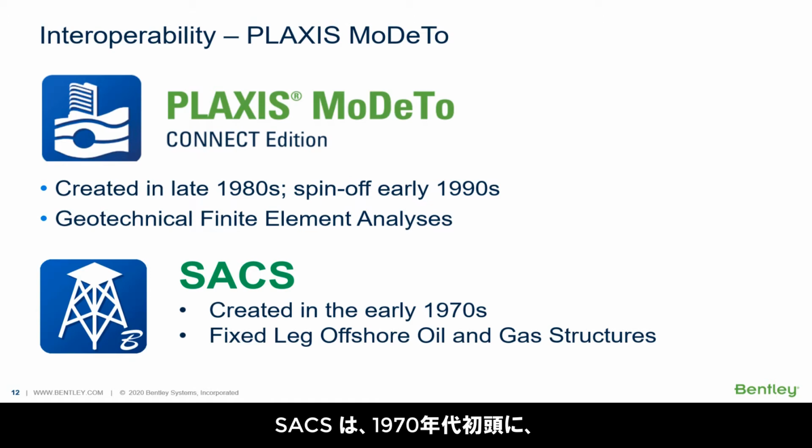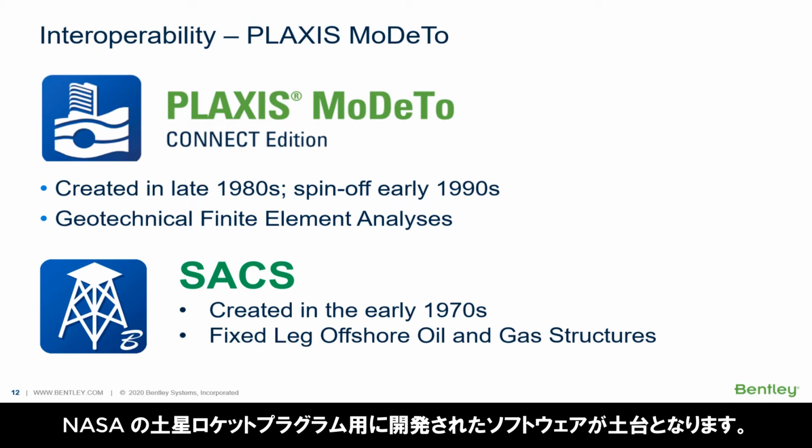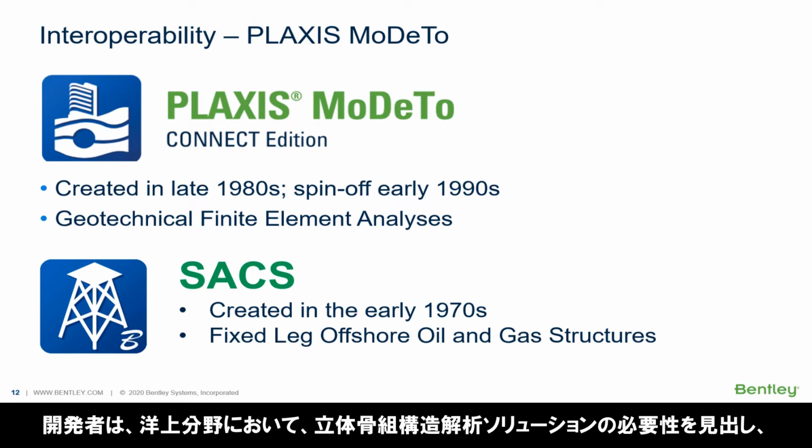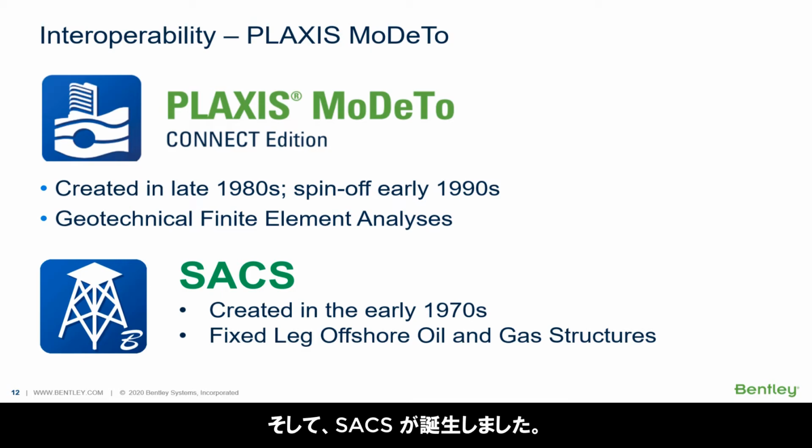SACS was founded in the early 1970s out of software developed for NASA's Saturn rocket program. The original writers saw a need for space frame structural analysis solutions in the offshore industry, and then SACS was born.